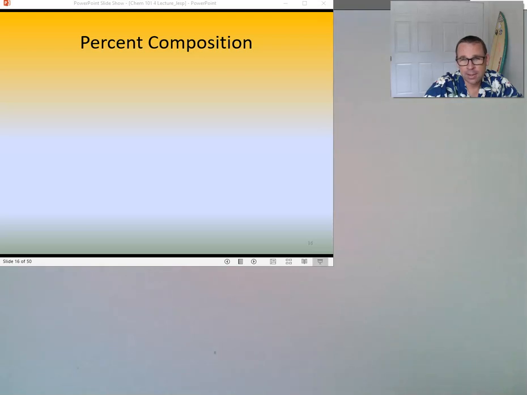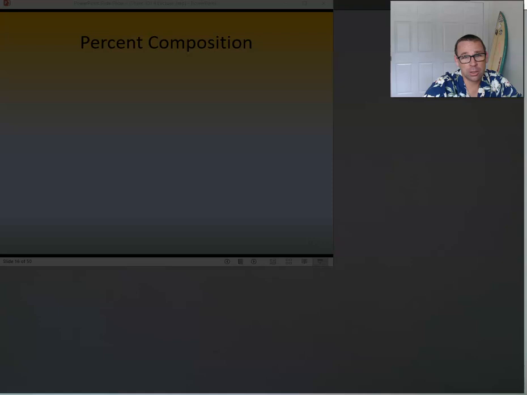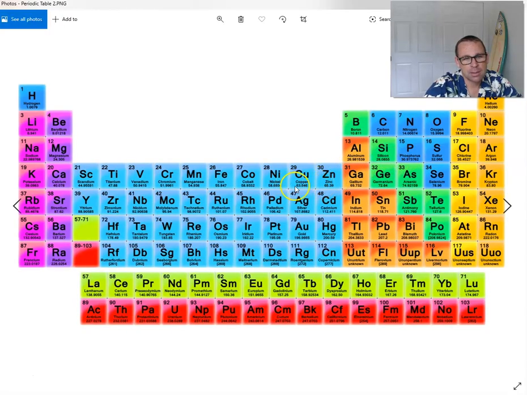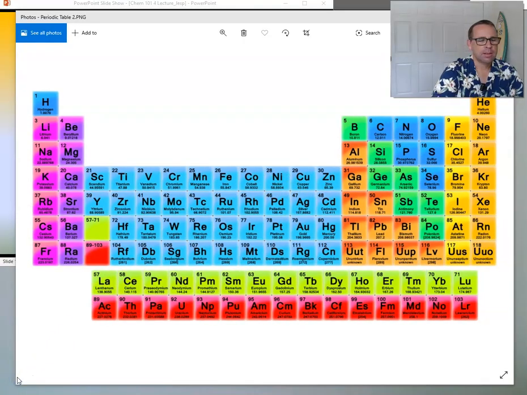And it is the mass necessary to get a mole of whatever it is. If it's an atom, the atomic mass, and that's what these numbers are on the bottom of these of the periodic table. All right, so just a quick little review on that.